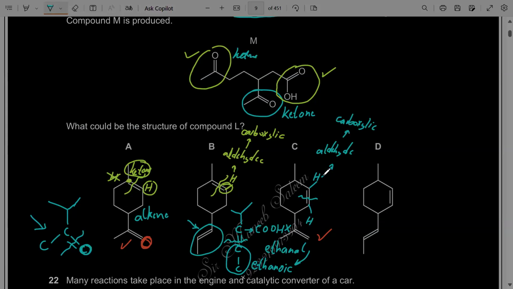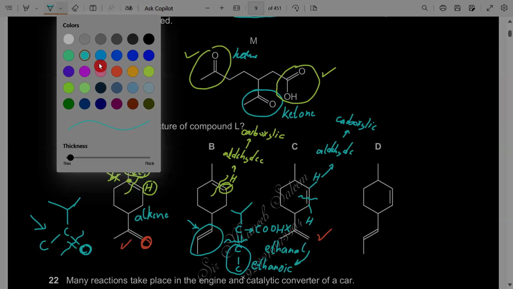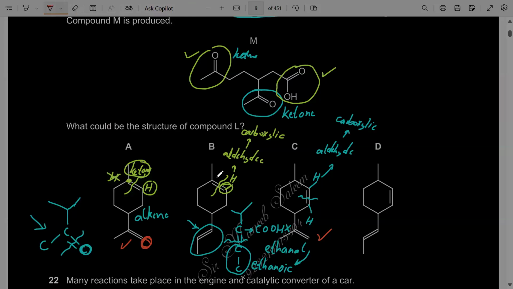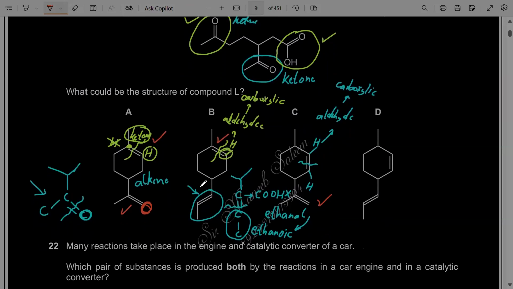So this cannot be the right one, and we have this one to be right. Both of them have the right upper portion, but you can see that there are now two ticks on this compound, which means the right option is option A.